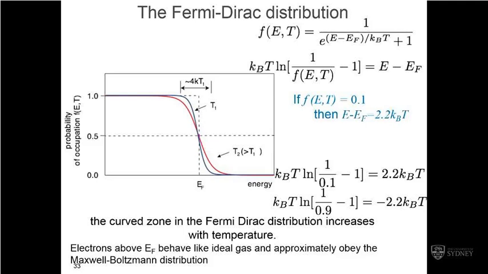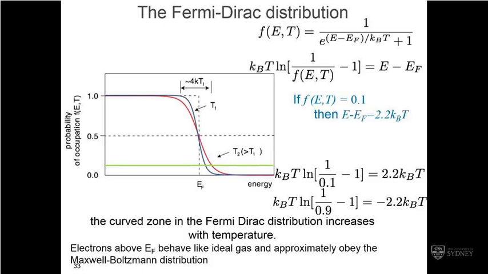To get a feel for how it behaves, consider a value of the Fermi function of 0.1. This is your Fermi function, here's 0.1, so you're going to cut here. This has been drawn for two temperatures, where the blue curve is T1. You can see it's a much sharper corner. That corresponds to a lower temperature.